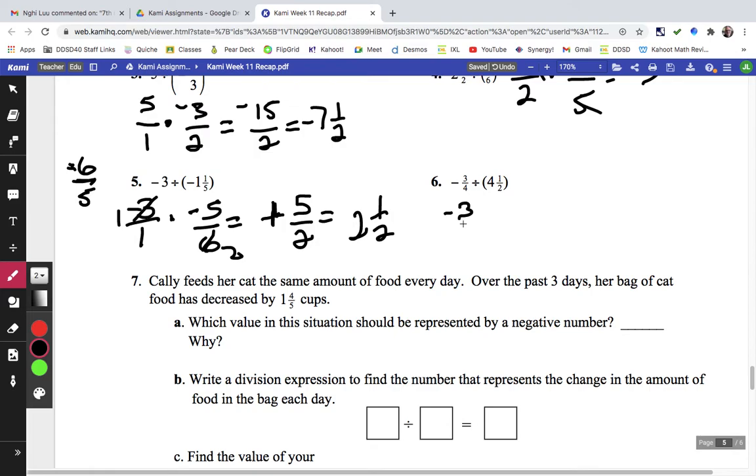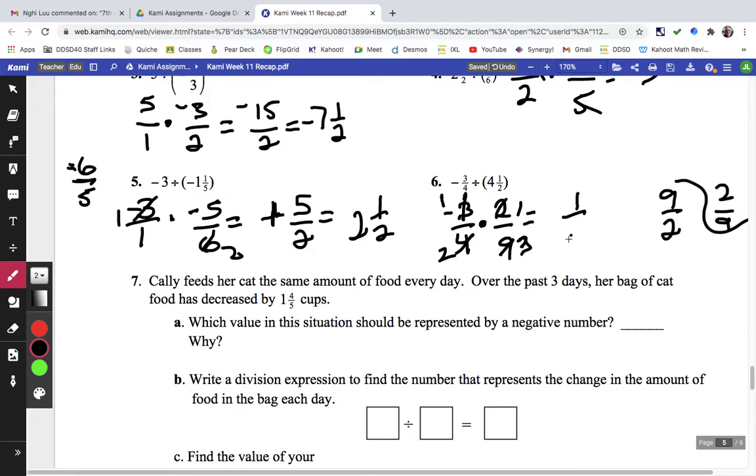So -3/4 times, and over to the side we're going to do 9/2, so we can find the reciprocal, which is 2/9. We multiply by 2/9, and one is negative, one's positive, so the answer is going to be negative. 3 goes into 3 once, 3 goes into 9 3 times, 2 goes into 2 once, 2 goes into 4 twice. So that is 1/6, and the answer is negative.